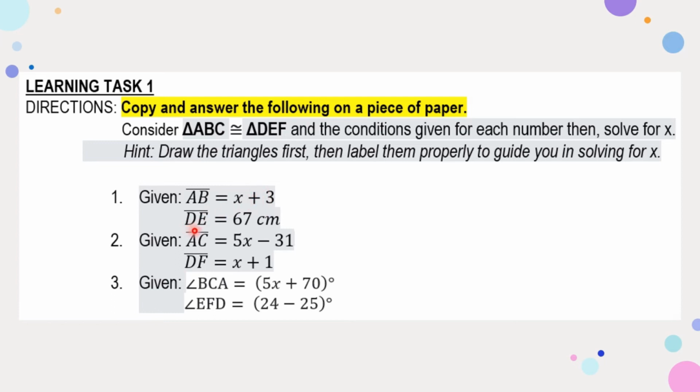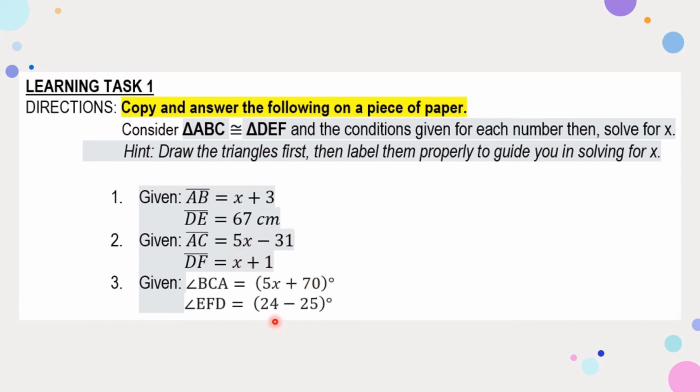And segment DE is equal to 67 cm. What is the value of X? Next, given is that AC is equal to 5X minus 31. And then DF is equal to X plus 1. What's the value of X?